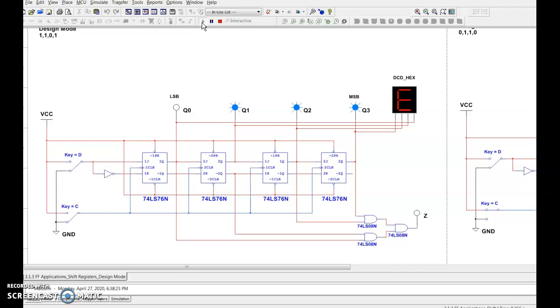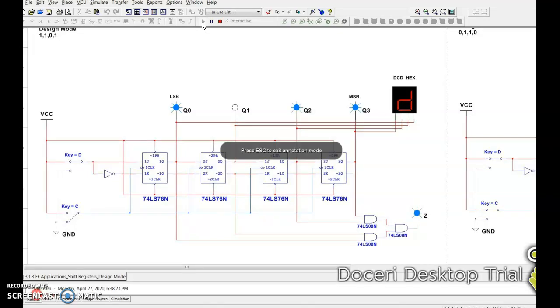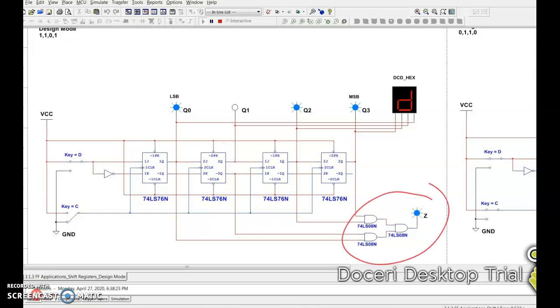Now we have 14, right? So there we have 1, 0, 1, 1, which is the one that we were asked to look at and how it activated down here on the Z. This is the one that they're asking. So our circuit does work.